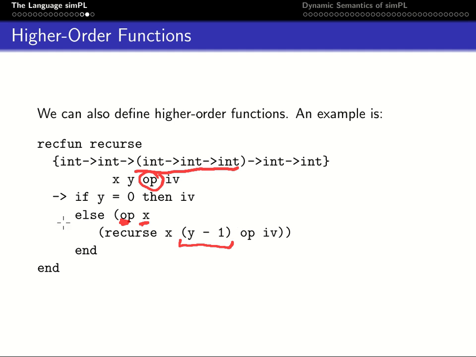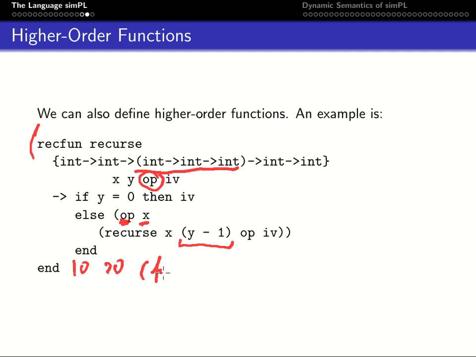So if we apply this function to x, y. Oh, no, we could compute the power, right? We could compute the power. So power would be defined as what? Let's say I want to compute the power of 10 to 20. So I would have 10, 20.